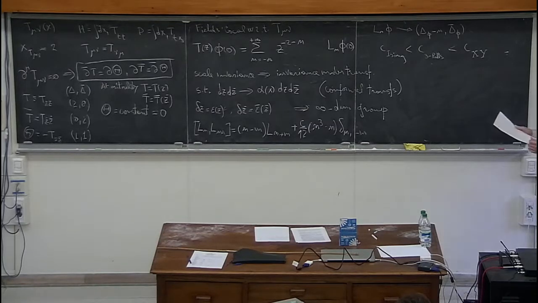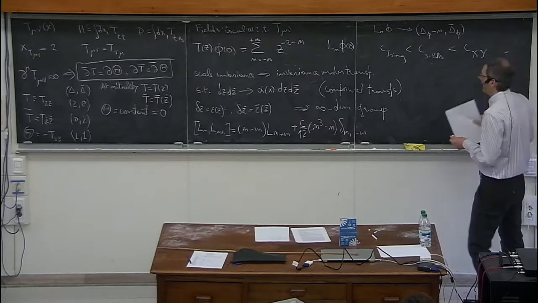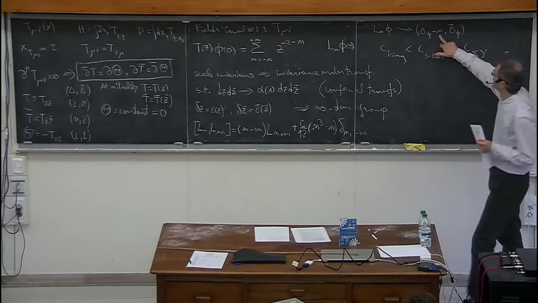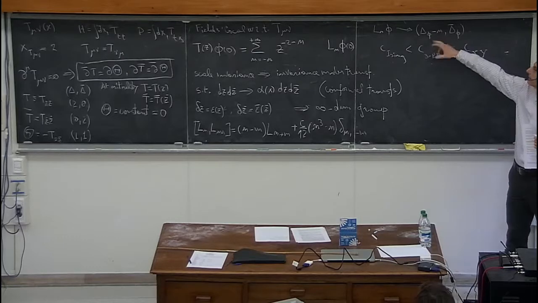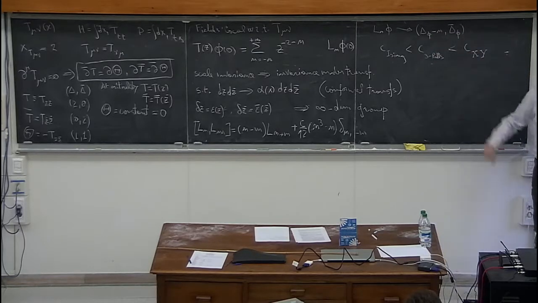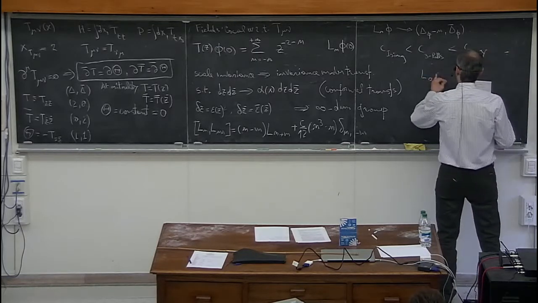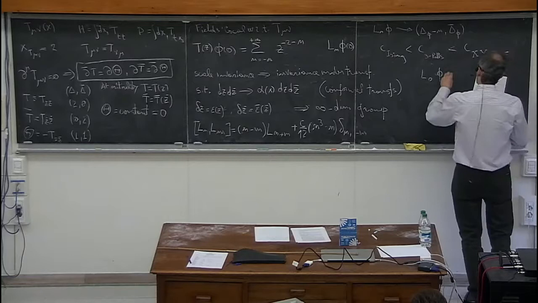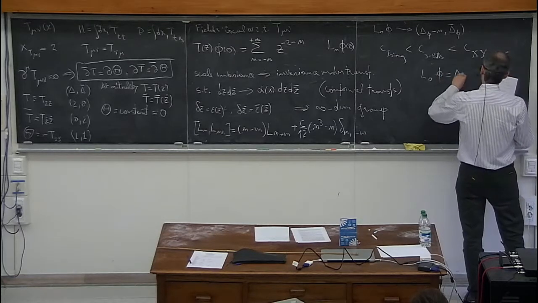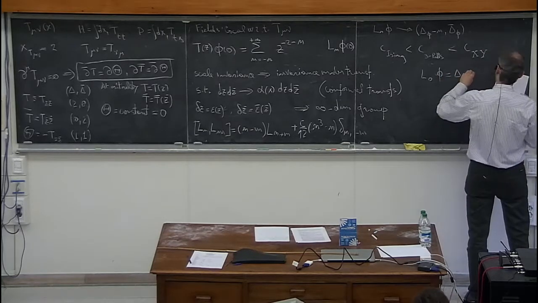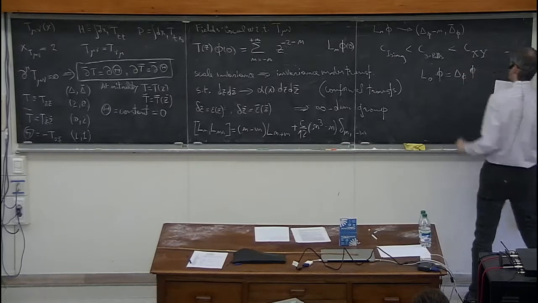Now, concerning these Ln, they shift by minus n the dimension of the field. One can see that L0 has eigenvalue precisely delta phi when acting on a field phi.